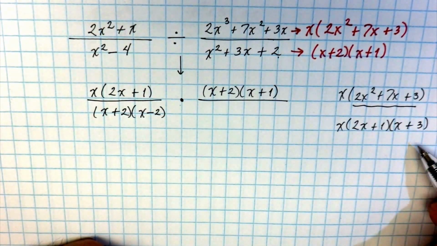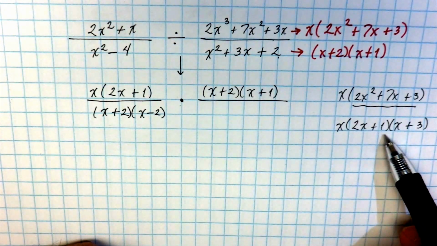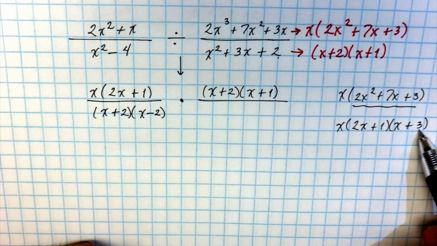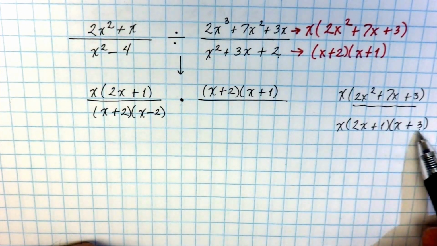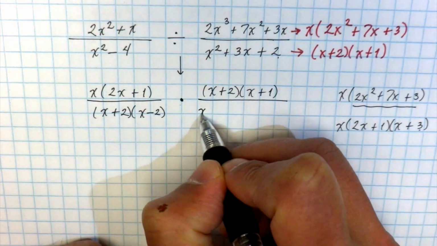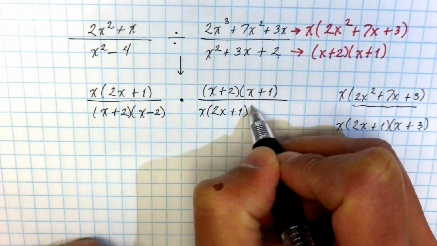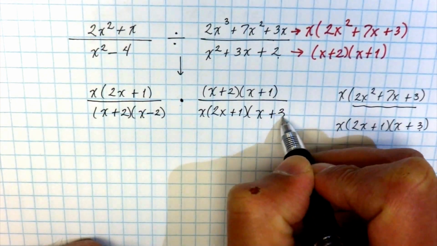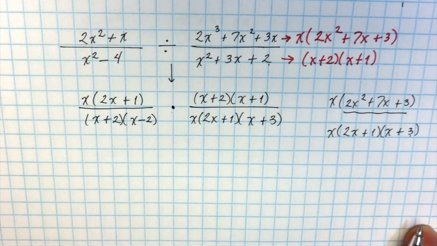Again, if you really want to verify, just distribute: 2x times x is 2x squared, 2x times 3 is 6x, plus the 1x is 7x, and 1 times 3 is 3. So that goes in my denominator here: x times 2x plus 1 times x plus 3. I hope that makes sense.